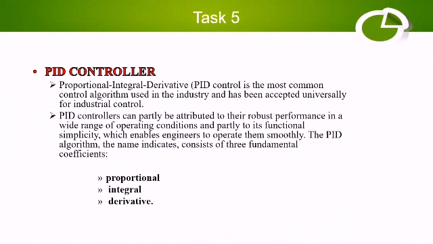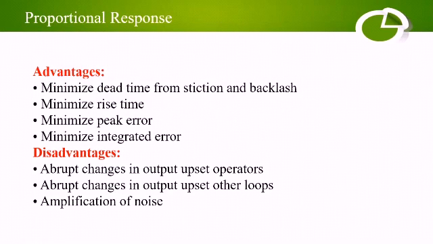The PID algorithm, as the name indicates, consists of 3 fundamental coefficients, that is, proportional, integral, and derivative. Next, proportional response. The proportional component depends only on the difference between the set point and the process variable.